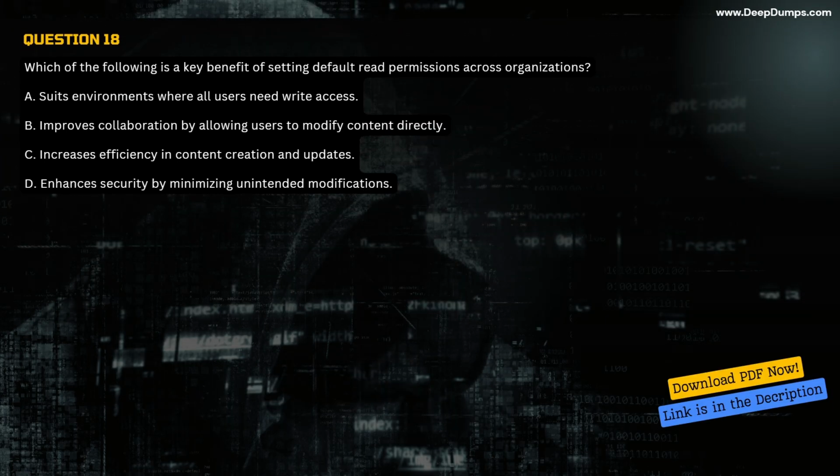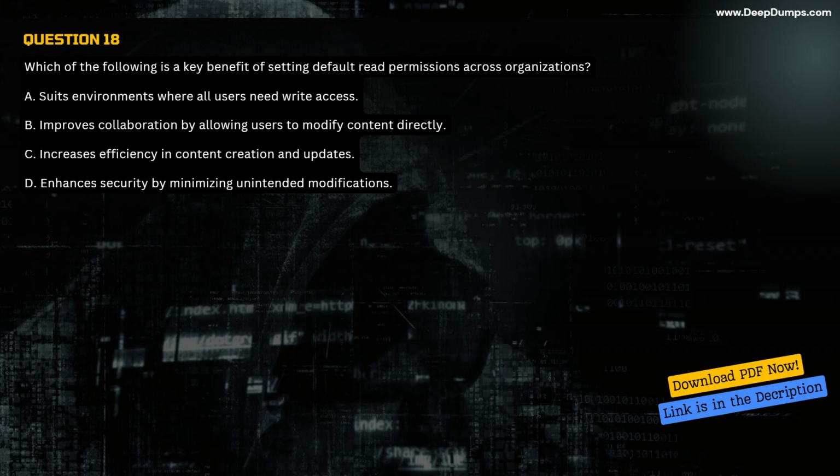Question 18. Which of the following is a key benefit of setting default read permissions across organizations? A. Suits environments where all users need write access. B. Improves collaboration by allowing users to modify content directly. C. Increases efficiency in content creation and updates.